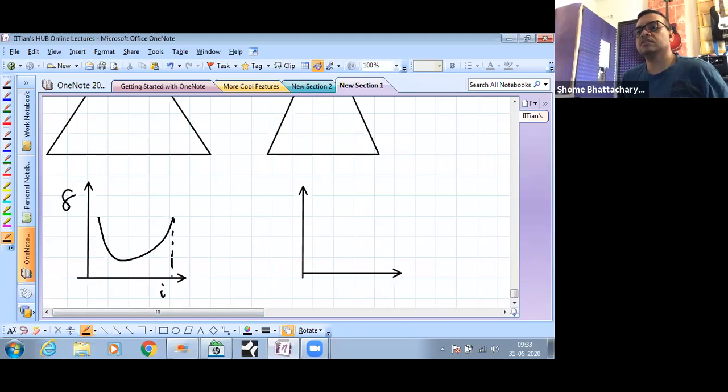So this has something like this. This will have comparatively a smaller range.